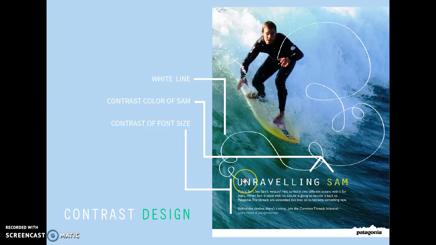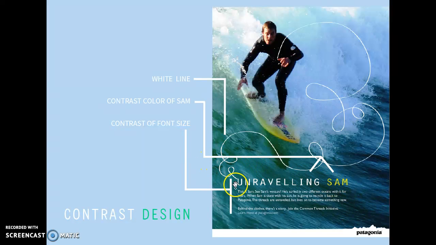The first thing that stands out is this white line that squiggles all over the page, from the writing to the action person. It stands out and it adds contrast to this ad. And then also the contrasting color of Sam with his yellow board and the yellow lettering of Sam.